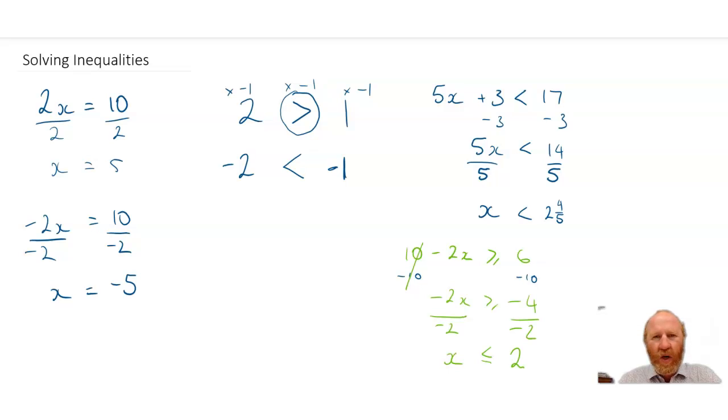And so the one change from equations that we get here is if we multiply or divide by a negative number, the sign that sits in the middle would have to change, as it did in this question. That doesn't happen to equal signs because they don't have a direction. But this symbol does have a direction, and we have to change its direction if we are actually going to multiply and divide with a negative.